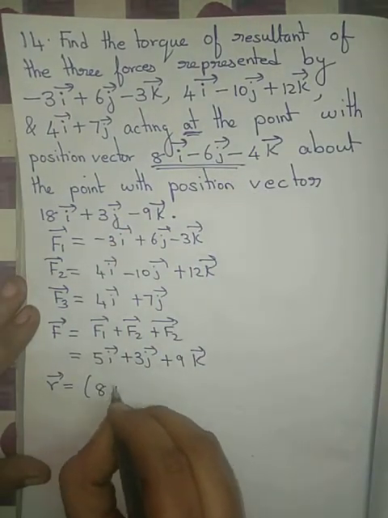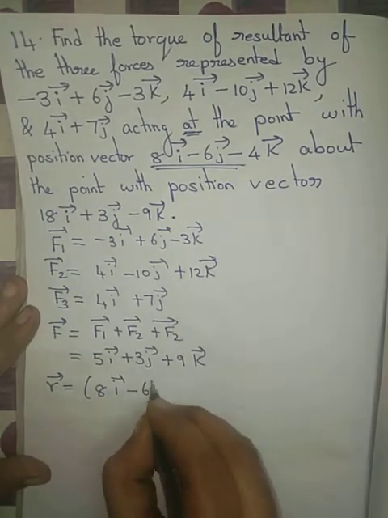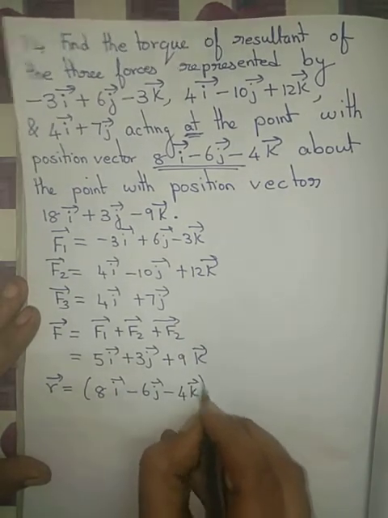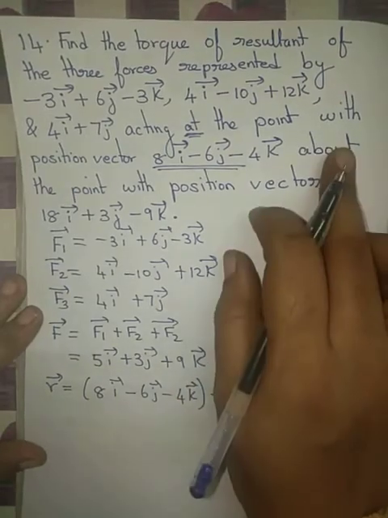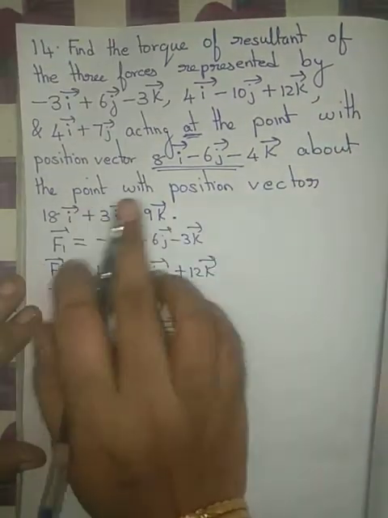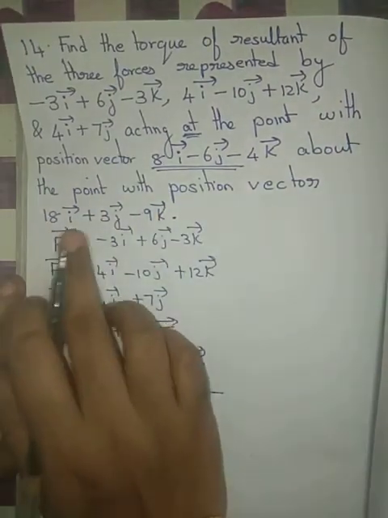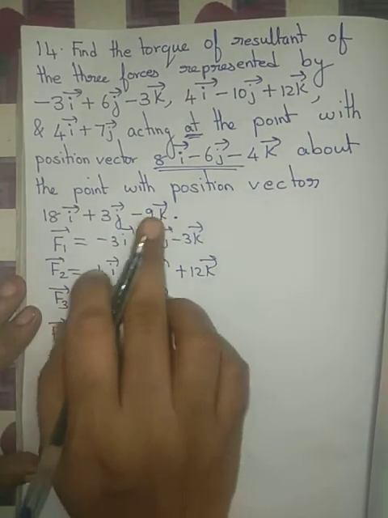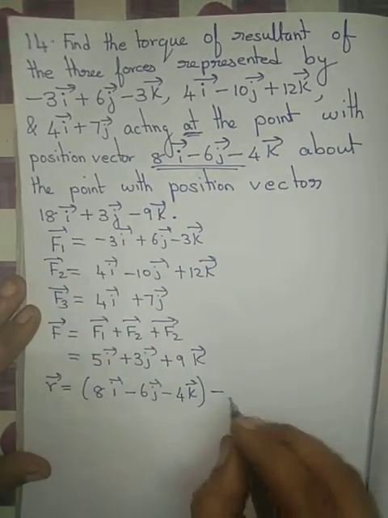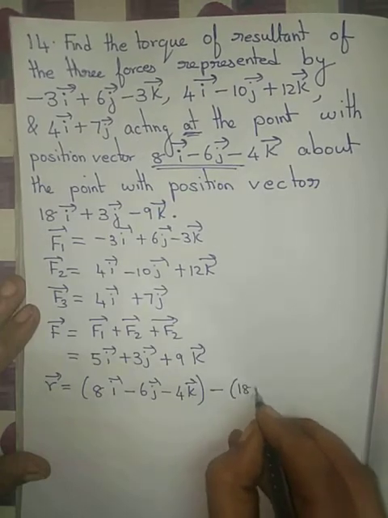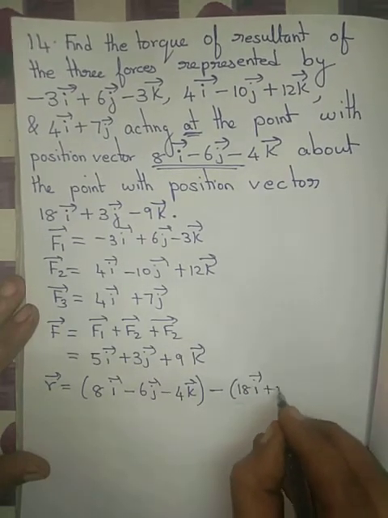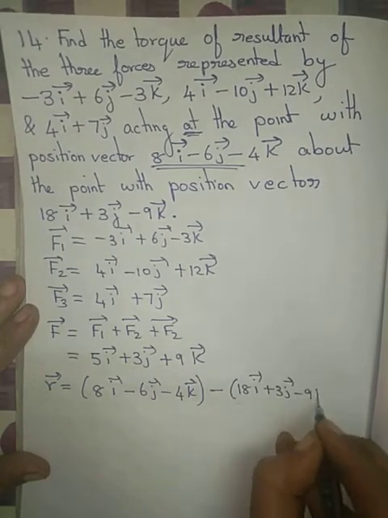So 8I minus 6J minus 4K minus about. Now look at the next vector: about the point with the position vector 8I plus 3J minus 9K. So this is the about vector, which is written second. That is 8I plus 3J minus 9K.